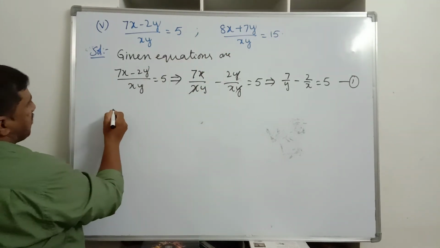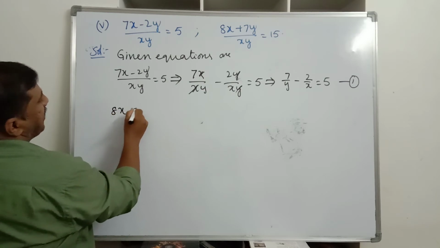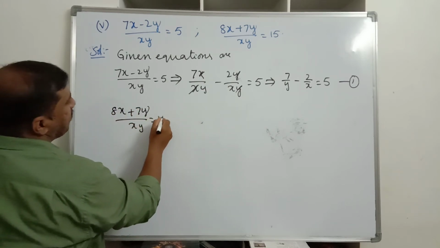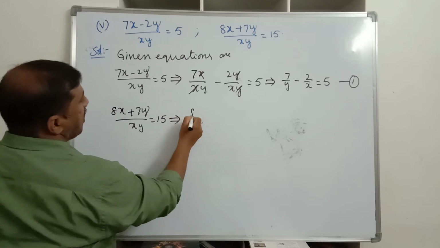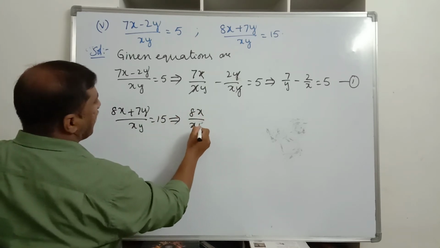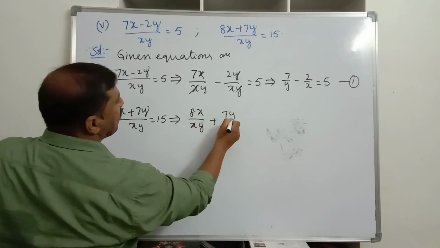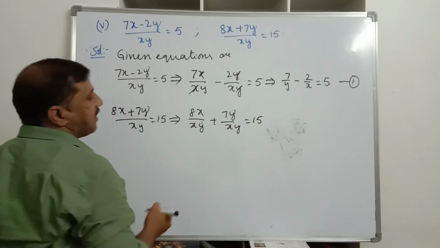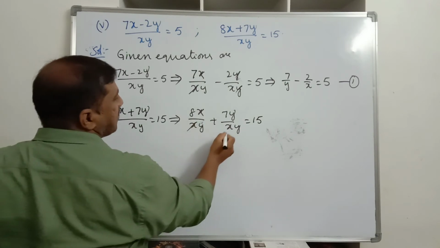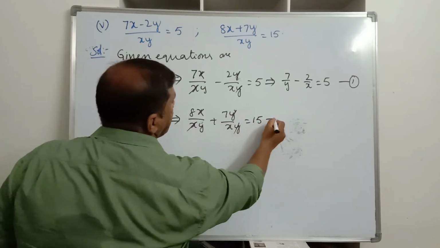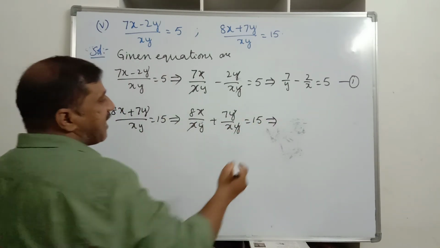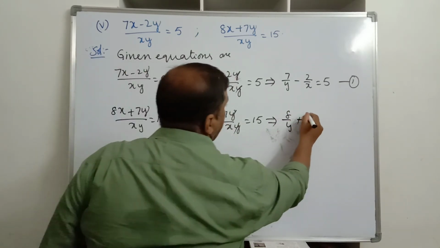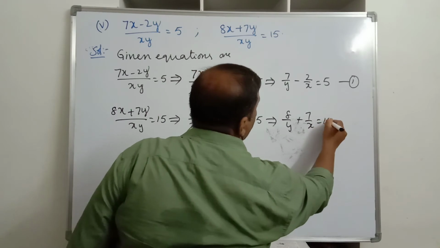What is the second equation we got? 8x plus 7y by xy is equal to 15. It implies 8x divided by xy plus 7y divided by xy is equal to 15. Now x and x are cancelled, y and y are cancelled. What we get is 8 by y plus 7 by x is equal to 15.